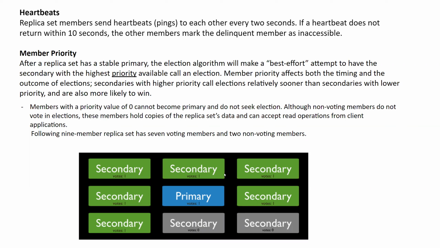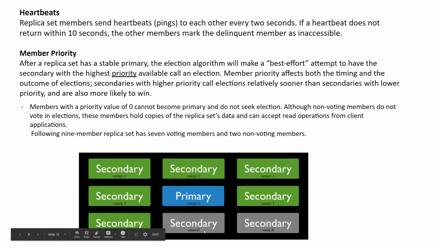The highest priority member has more chances of becoming primary. As we see, these have votes 0, which means their priority is 0, so there would be no chance of these two becoming primary. Because the priority value is 0, they will not be part of the election either. They do not seek election.